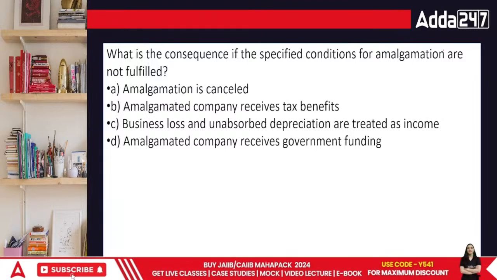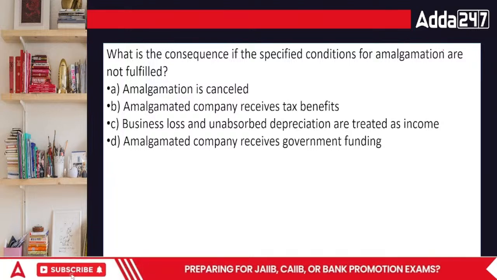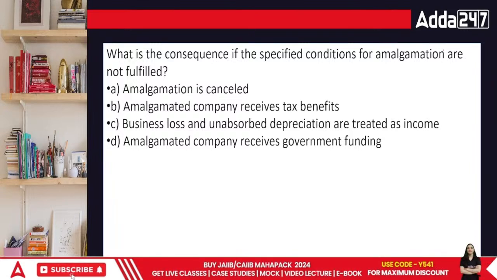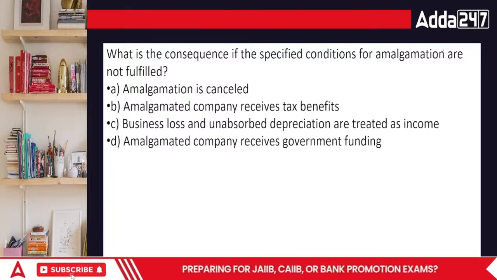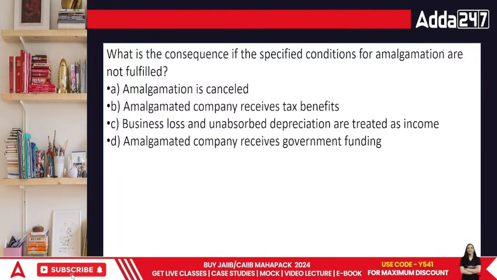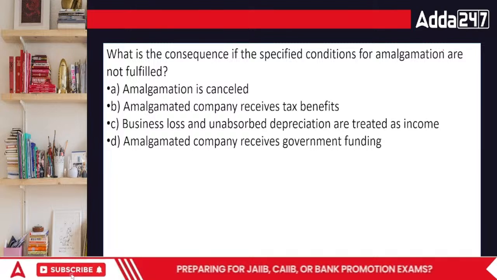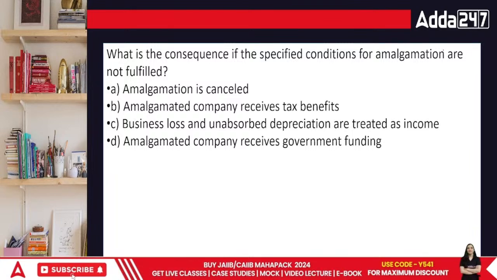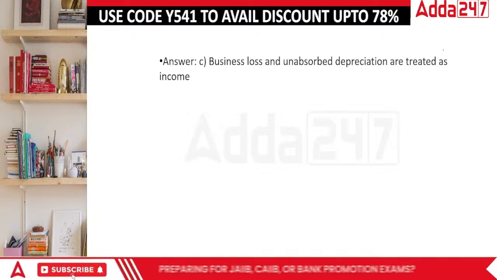What is the consequence if the specified conditions for amalgamation are not fulfilled? Amalgamation is cancelled. Amalgamated company receives tax benefits. Business loss and unabsorbed depreciation are treated as income, or amalgamated company receives government funding. When the specified conditions for amalgamation are not fulfilled, there's only one problem, that is business loss and unabsorbed depreciation are treated as income.